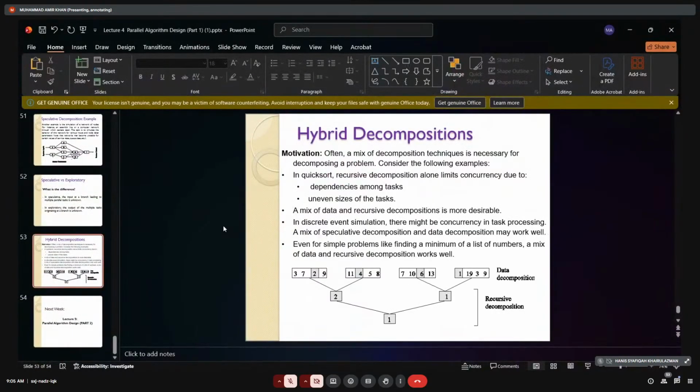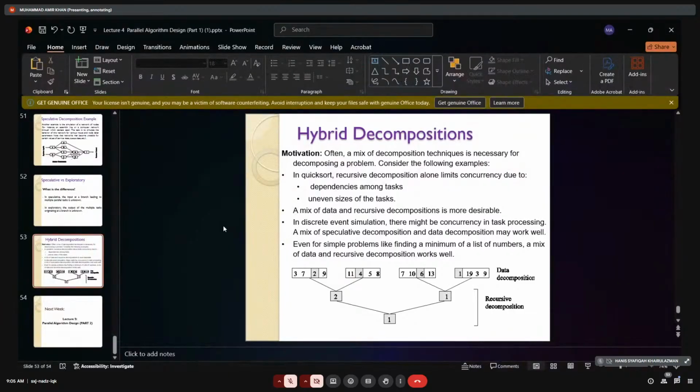So for uneven tasks, a mix of data and recursive decomposition is more desirable. In discrete event simulation, there might be concurrency in task processing, and a mix of speculative decomposition and data decomposition may work well. Even for a simple problem like finding the minimum number in a list, a mix of data and recursive decomposition works well.